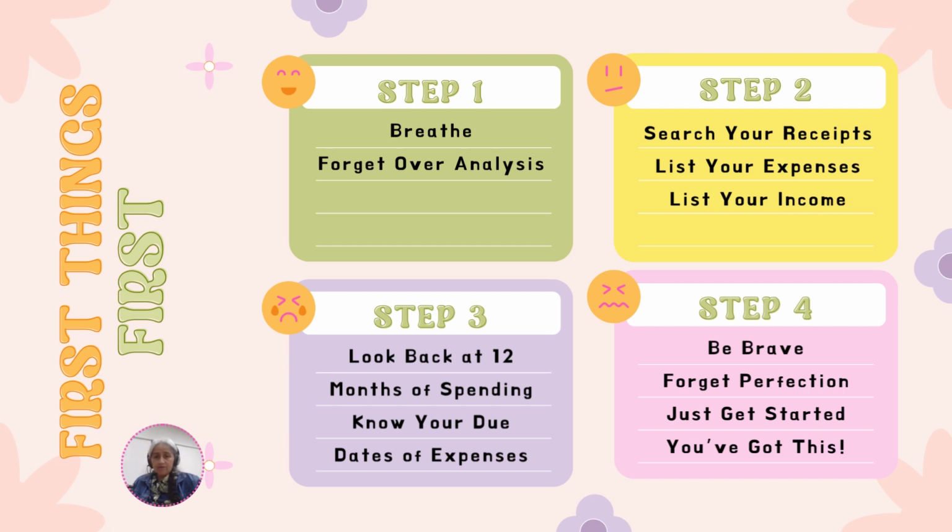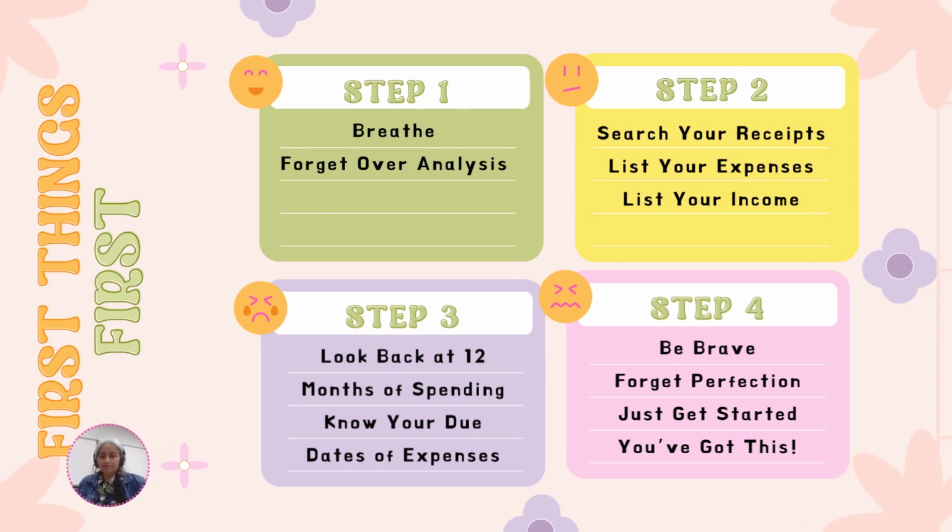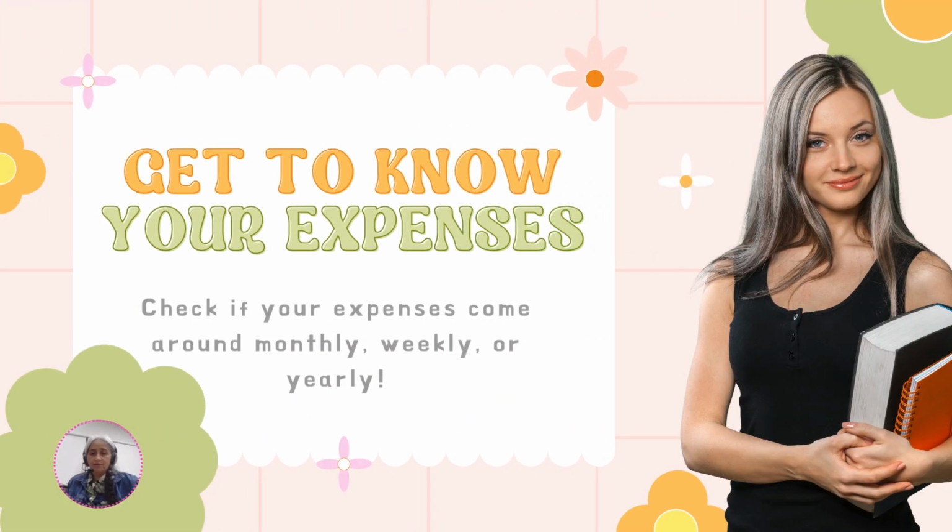The other helpful item for budgeting is knowing when your expenses are due, and that's just to make sure that when you are putting things in order, that you haven't forgotten them, and 2, that you can plan to make sure that you have enough money to cover them without having to go over or going into the red. So we're going to get to know your expenses, check if they come around monthly, weekly, yearly or quarterly.